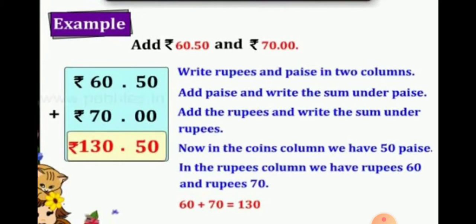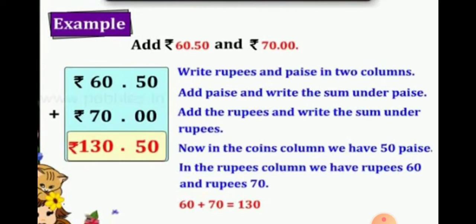So first we will write 60.50 and then we will write 70.00. We know 50 is paise and 00 is paise. So 00 will be written below 50. Then we will put decimal below decimal. Now we will write 70 below 60.